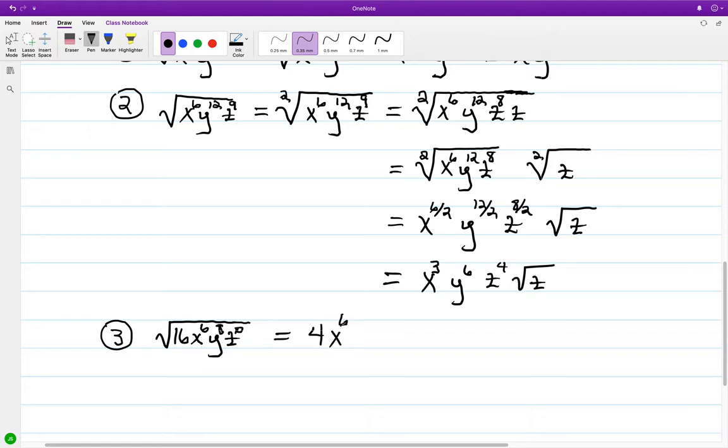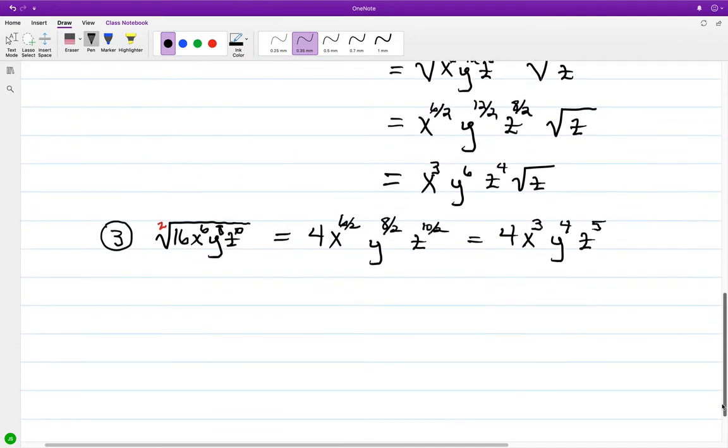Square root of x to the 6th: you have the second root, so you have x to the 6 halves, y to the 8 halves, and z to the 10 halves. And in the reduction, you got 4 x cubed, y to the 4th, and z to the 5th.